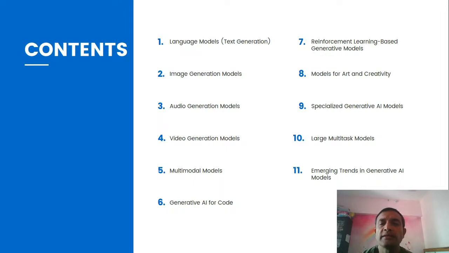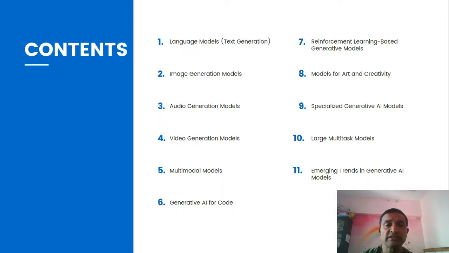So there are multitasking models as well. Then there is an emerging trend in generative AI models. What are the emerging trends? We can look at AI agents, agentic AI. Nowadays companies are building agents, and independent agents are working and completing different tasks altogether, maybe in a parallel mode, maybe in a sequential mode.